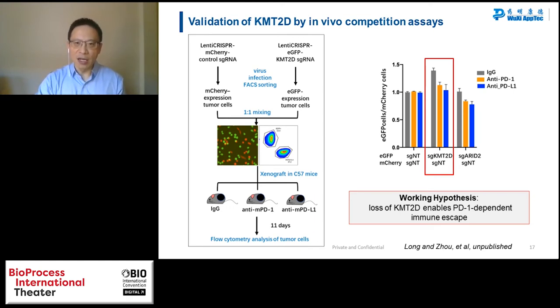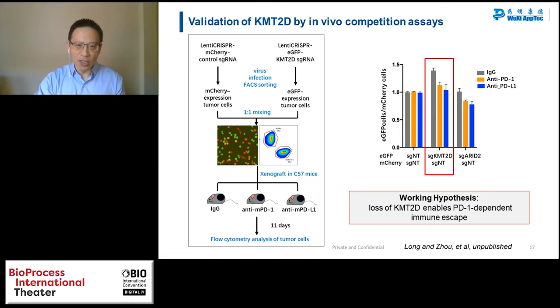As expected, loss of Arid2, one of the components of the PBAF complex, sensitized the cells to PD-1 or PD-L1 induced killing. Loss of KMT2D also sensitized to the checkpoint blocker, but at the cost of increased growth of the KMT2D knockout cells.